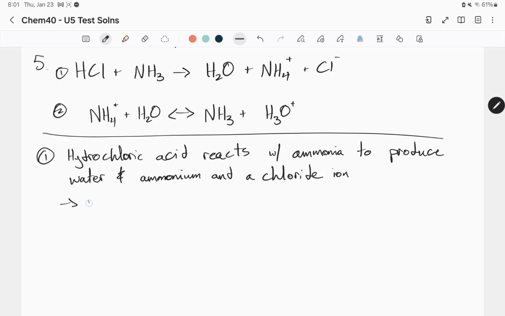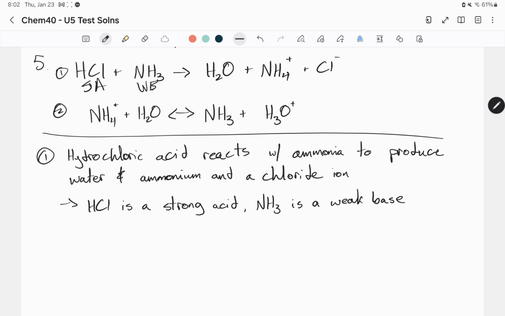Then we can say hydrochloric acid is a strong acid. So the way we labeled this before, we'd put strong acid. Ammonia, and I'm using symbols now because I've already named them, so I don't need to keep writing out the name every time. Ammonia is a weak base. And this was given to you in the resources page or formula sheet.